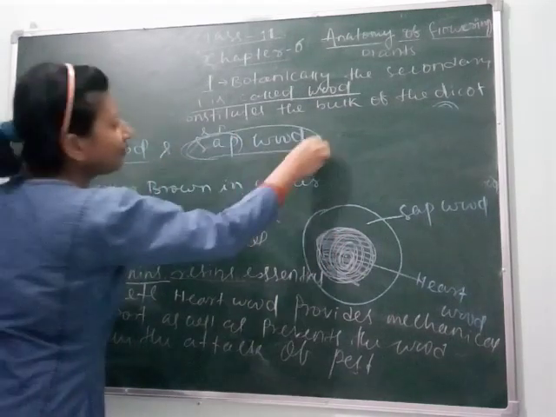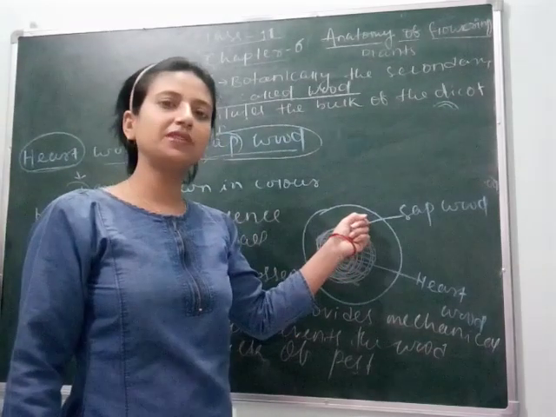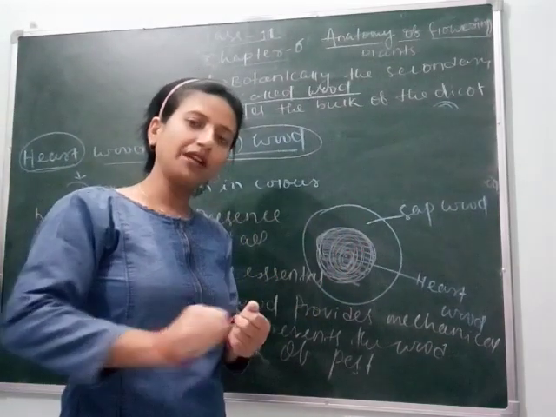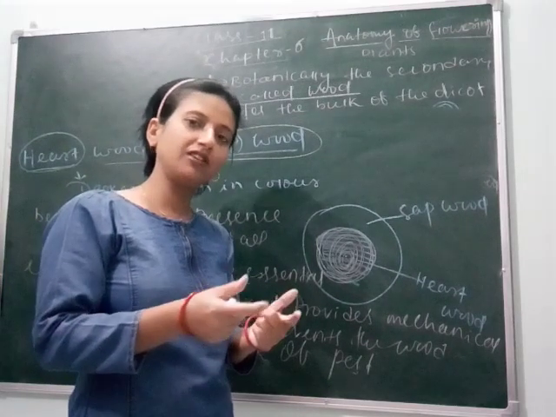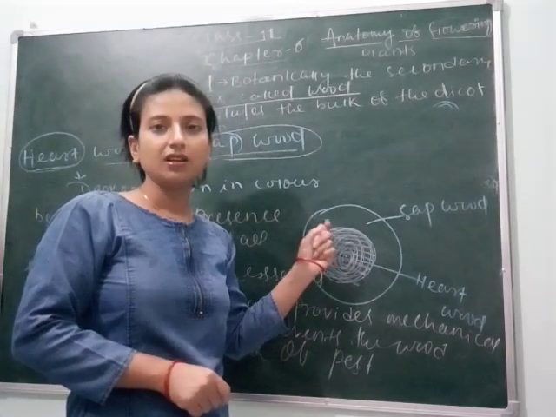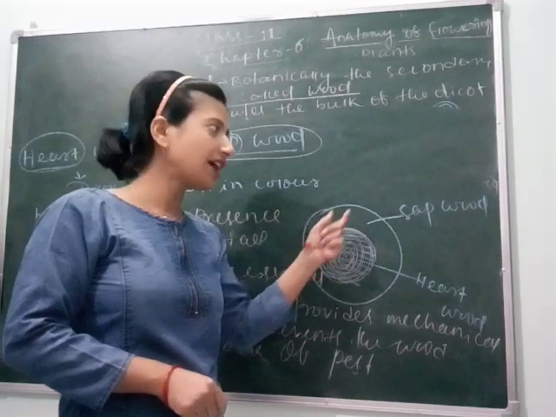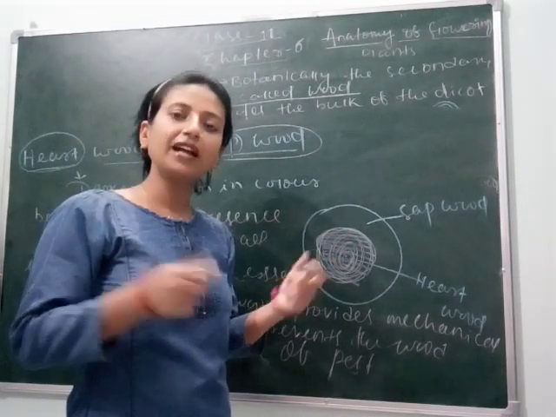Again, let's see sapwood. As I have told you, if this is hard, this must be soft. If we cut a plant, the starting part or initial part is easily cut, but the central part is not easily cut. Because of this, hardwood is present centrally, and sapwood has low density and can be cut easily.